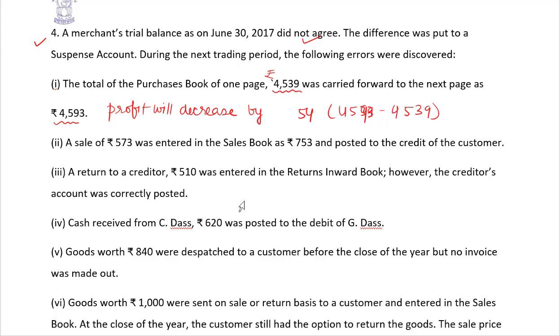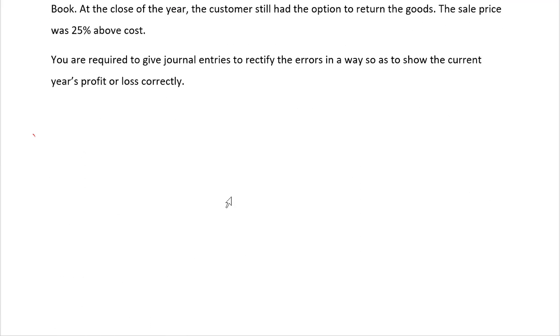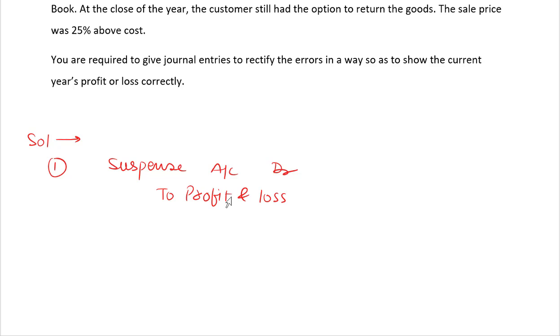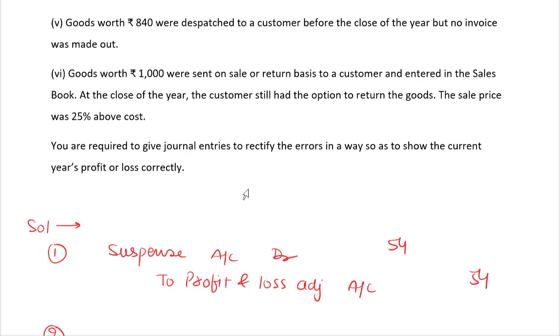Its entry would be suspense account will be debited and profit and loss adjustment account will be credited. Suspense account will be debited to profit and loss adjustment account 54. I hope it is clear.